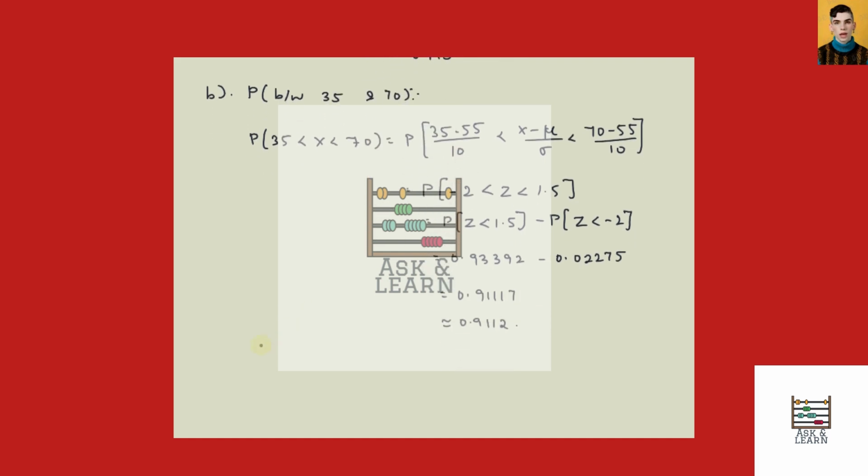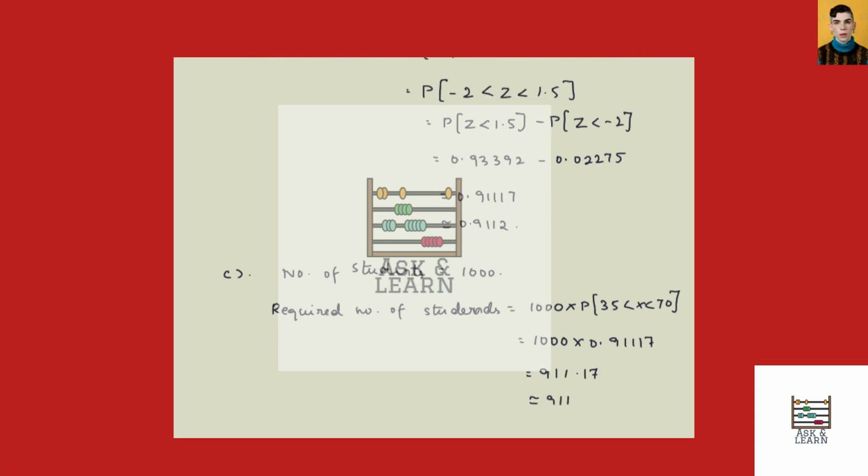Now for subpart C, here the number of students out of 1000 who have scored between 35 and 70. So here we know that the required number of students who scored between 35 and 70 is 1000 times the probability of 35 less than x less than 70.